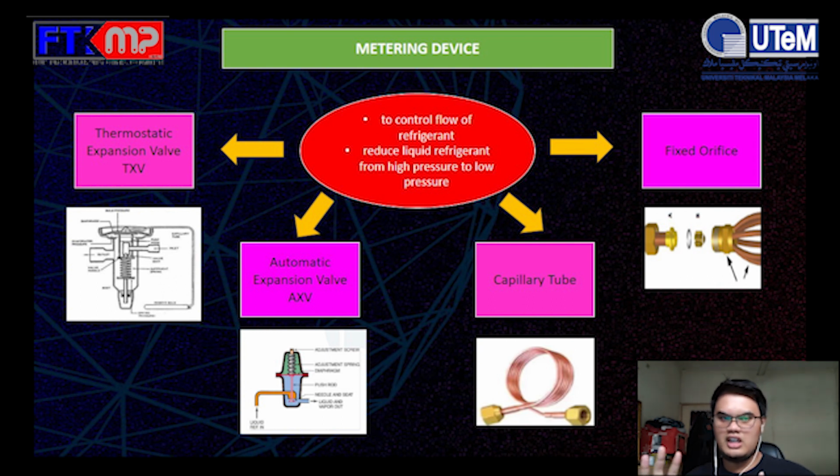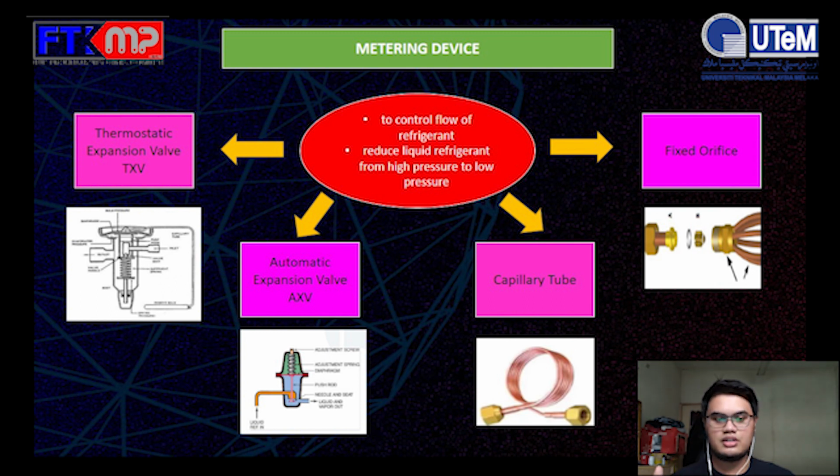How does the AXV expansion valve work? The AXV works as a pressure expansion valve, maintaining constant pressure under all evaporator loading conditions without regard to the evaporator superheat. So it keeps the evaporator pressure constant by modulating the flow of refrigerant into the evaporator.